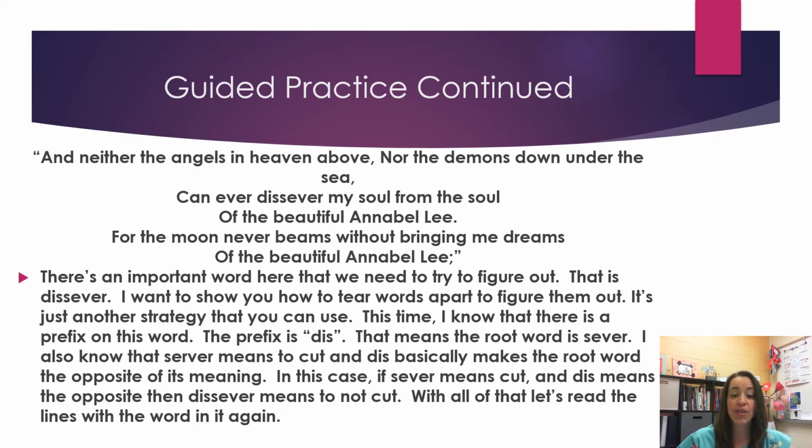I also know that sever means to cut, and dis basically means the opposite of the root word's meaning. In this case, if sever means cut and dis means the opposite, then dissever means to not cut. With all of that, let's read the lines with the word in it again.